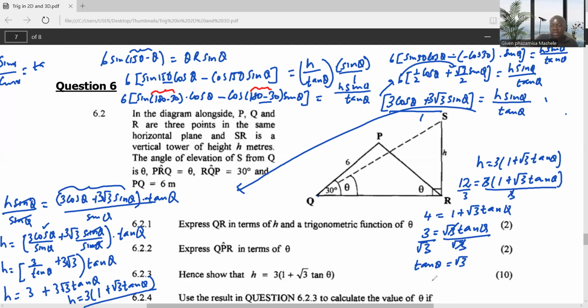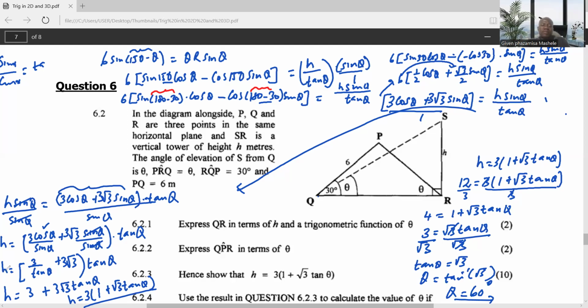So let us make second function tan to get the angle: second function tan of root 3. The angle will be 60 degrees.